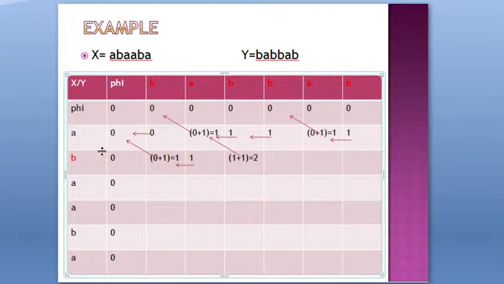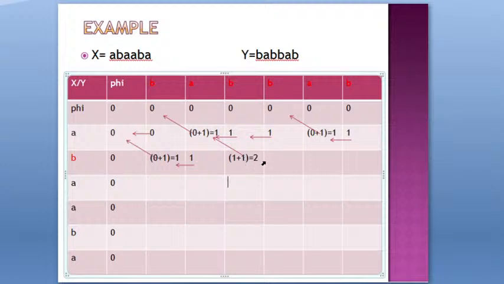So while I perform B with B, as it is matched, I took the diagonal element of it, which is 1, and again as per the formula I did +1. So +1 is as per your formula and 1 is nothing but coming from your diagonal element. So if I perform 1 plus 1, it is nothing but 2.